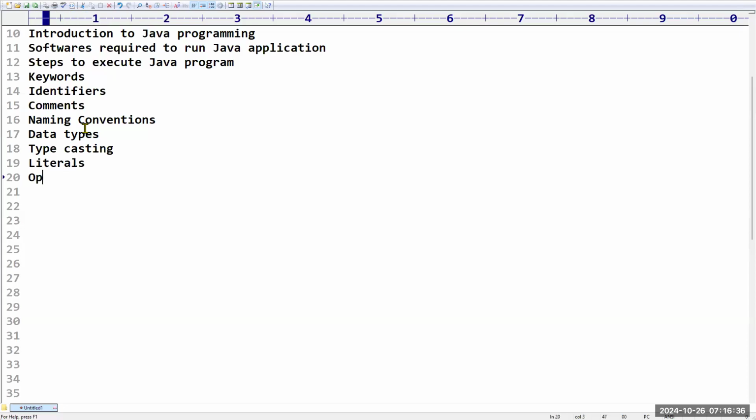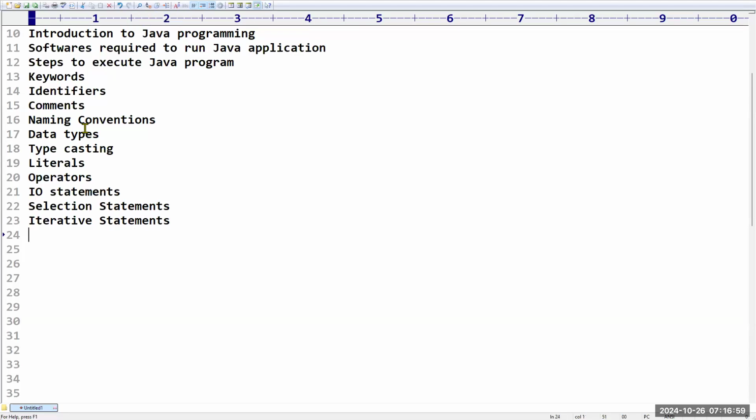Next, operators. Next, IO, input and output statements: how to read dynamic data from the user and how we are going to handle it. Next, selection statements: when we have a group of statements, how are you going to select?